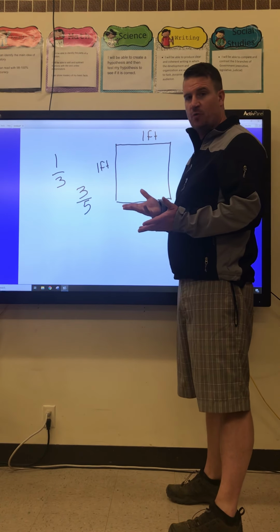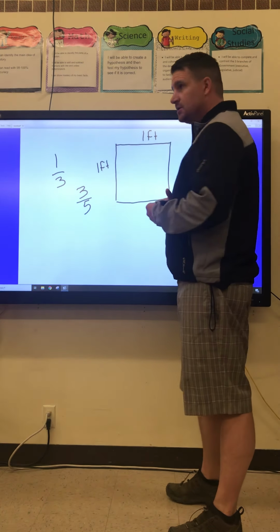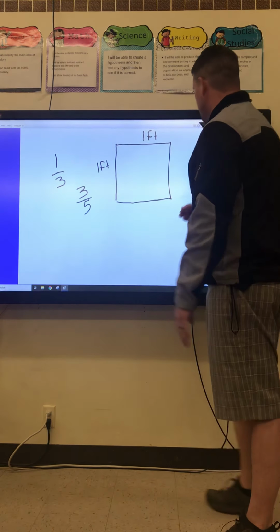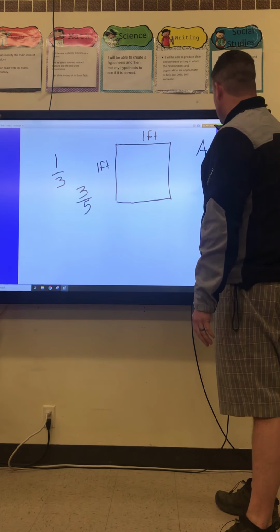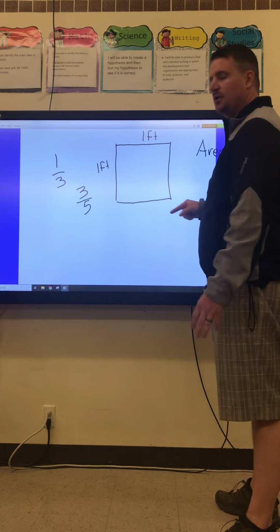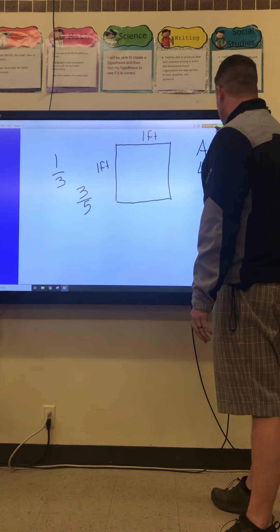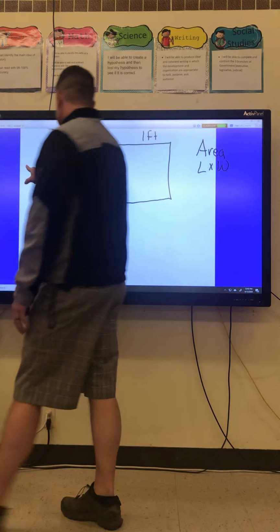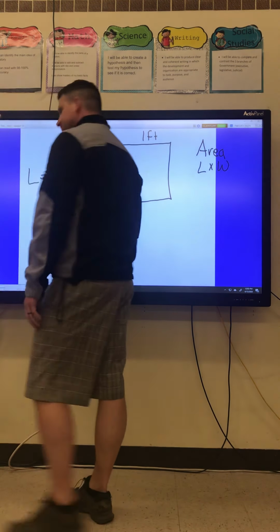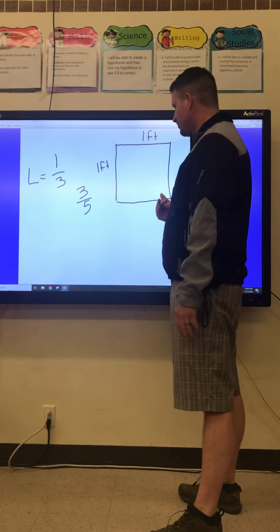Now, there's a couple different ways you can do this. So again, for area of a square or a rectangle, it is length times width. So our length for this one is 1/3. So lengthwise, it is 1/3.